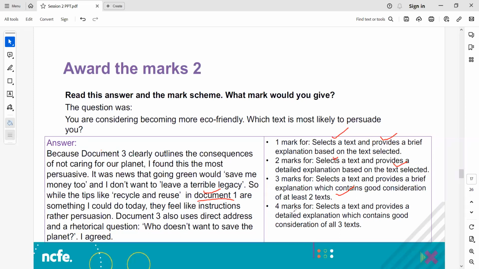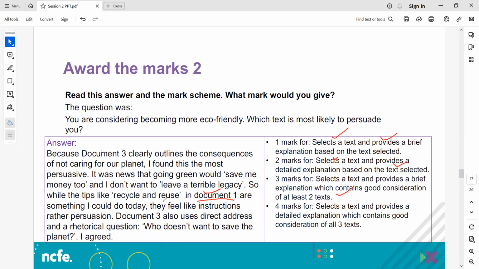Exactly. So to get all 4 marks, they needed to also refer to document 2. But it's a good answer. It's a good start. They just need a bit more information and to refer to document 2, and they could be getting full marks for that question.